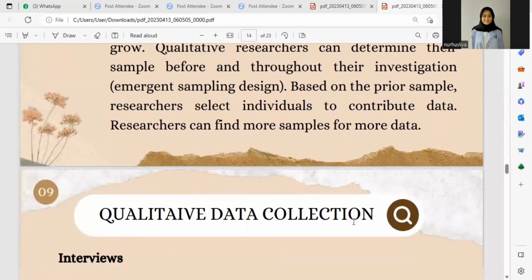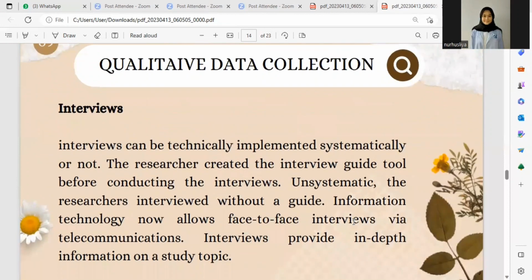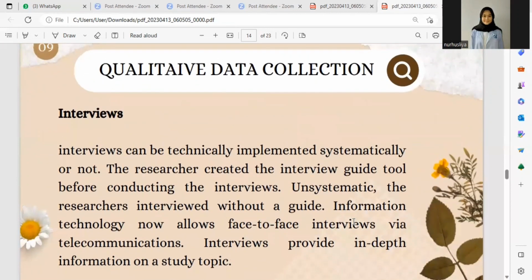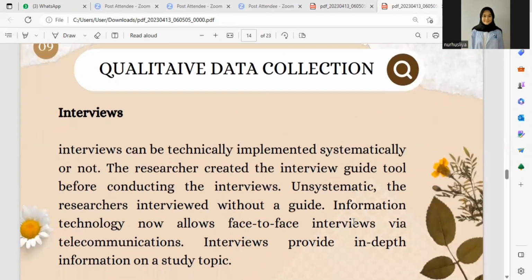Next, qualitative data collection. The first one, interviews. A dialogue that takes place between an investigator and a respondent to collect research data is known as an interview.